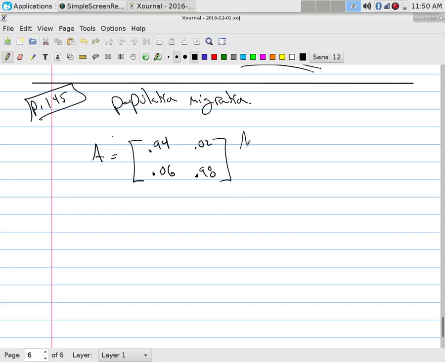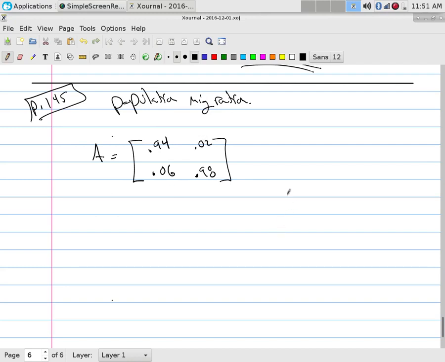In other words, this is region A and this is region B. That's AA, which means 94% stay at AA. That's BB, 98% stay at BB, and this is the switching B to A, this is the switching from A to B. And what is this thing, migration? This is a stochastic matrix.